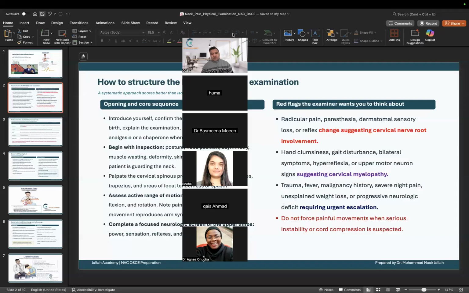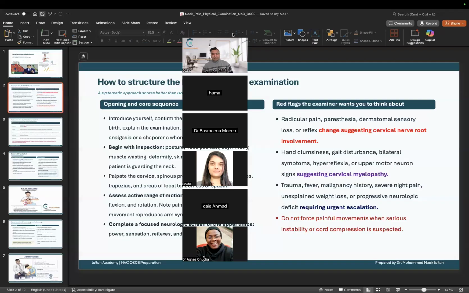Paresthesia, sensory loss, any issue with the reflexes, think about cervical radiculopathy. Hand clumsiness, gait disturbance, bilateral symptoms, hyperreflexia, right? Hyperreflexia and upper motor neuron signs suggest cervical myelopathy.